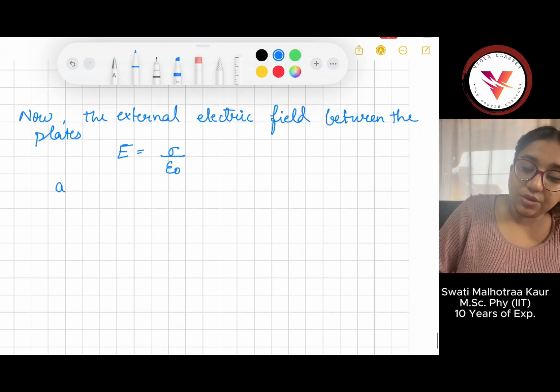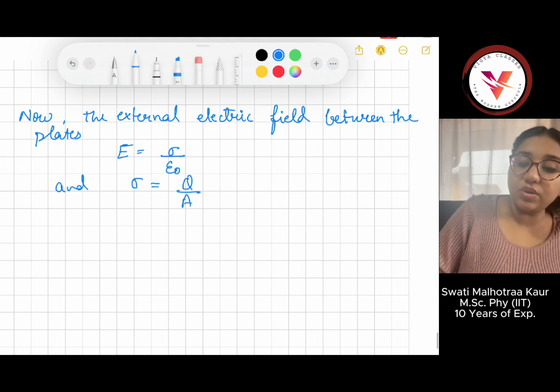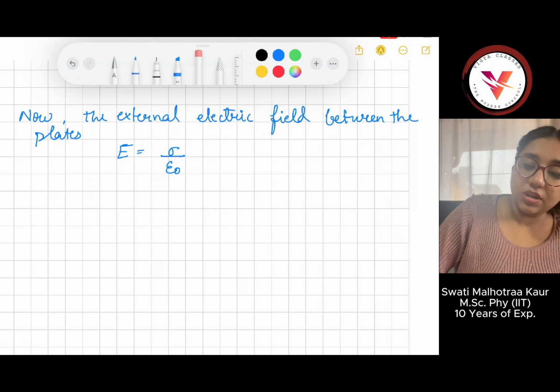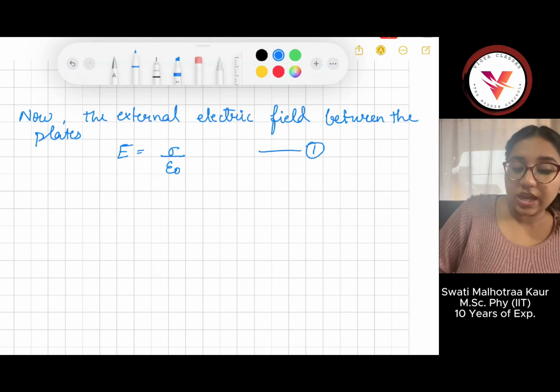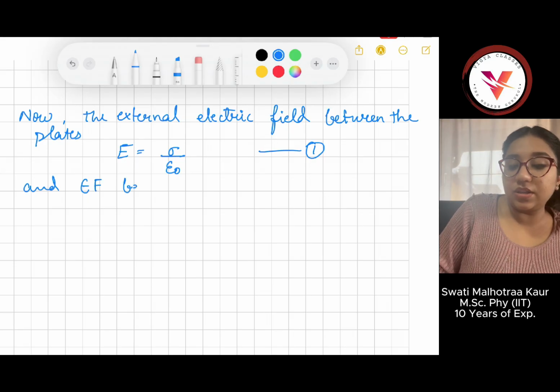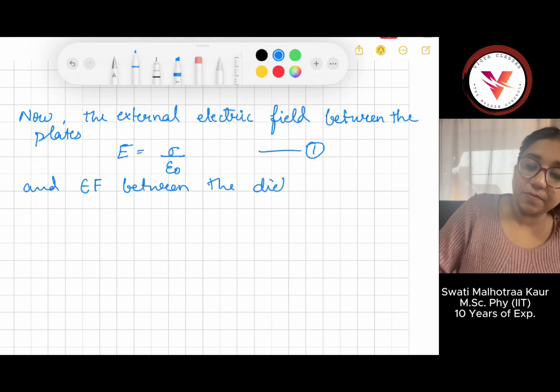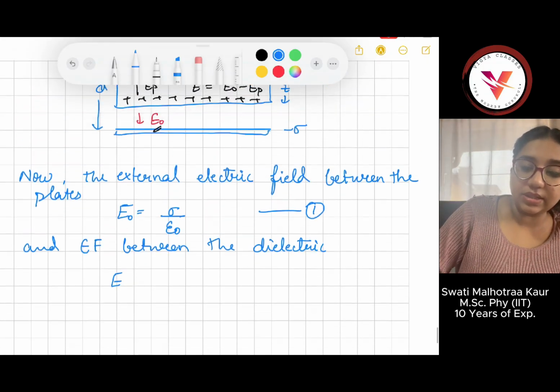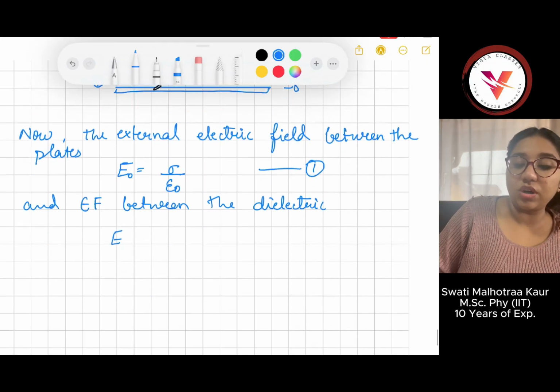And sigma is equal to charge per unit area, Q by A, so you can simply write it as sigma by epsilon naught. Consider this as first. And the electric field inside the dielectric, let's take this as E naught and consider this as E, then what is that E?